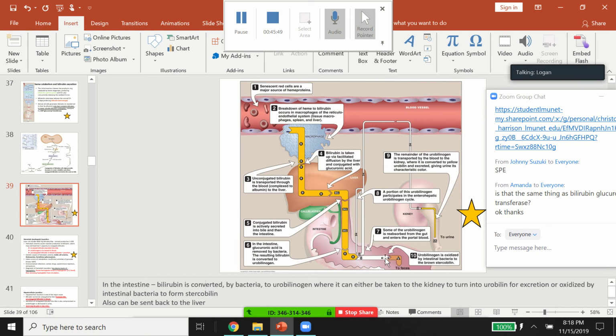Okay, then in step 7, some of that urobilinogen is reabsorbed from the gut. That's not super important. Another part that is important, however, is step 10 here. Urobilinogen is oxidized by other bacteria to form the brown stercobilin. That's what makes your feces turn brown.